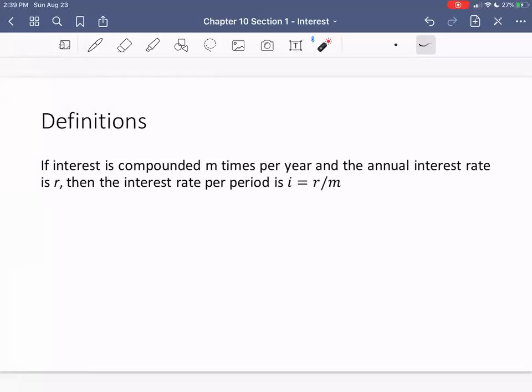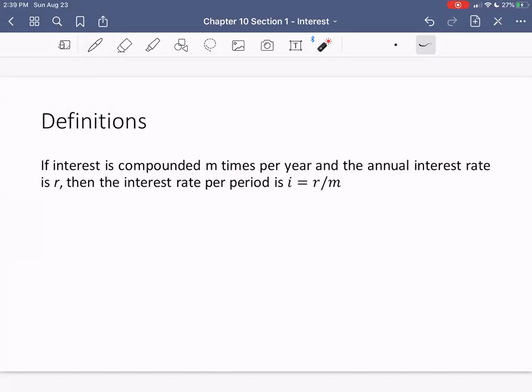Another definition: if interest is compounded m times per year, so this is just standing in for 2 times per year, 4 times per year, that's what m is representing, and the annual interest rate is r, then the interest rate per period is i equals the rate divided by the number of times per year it's compounded.